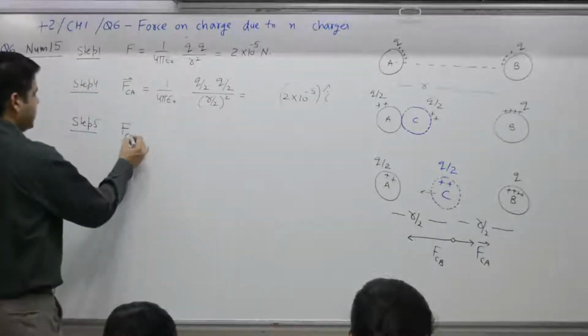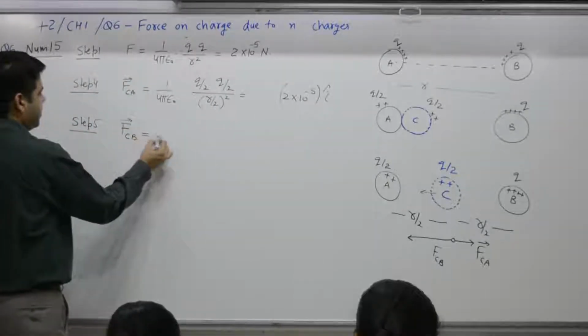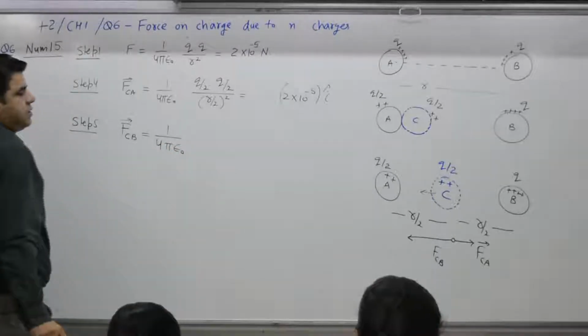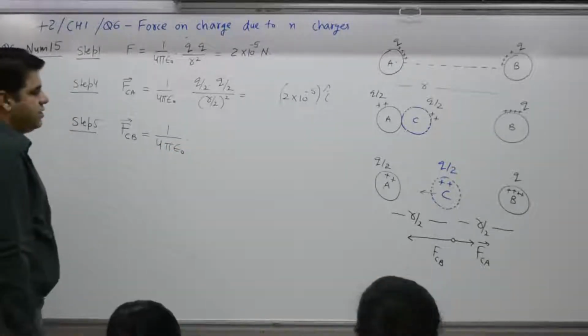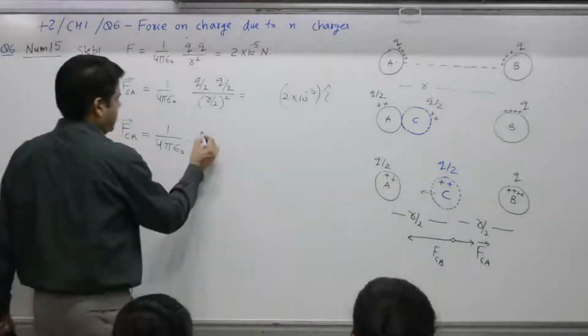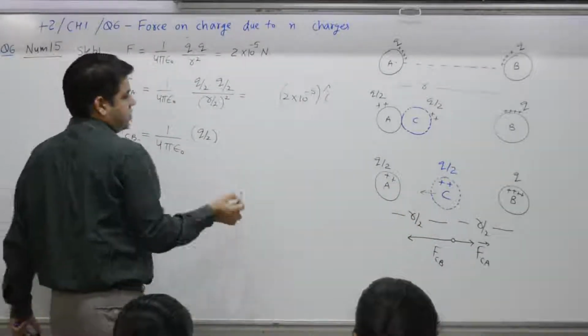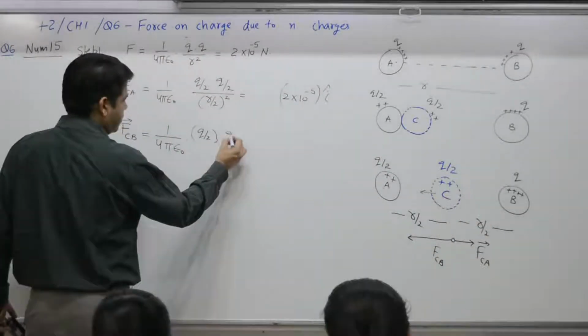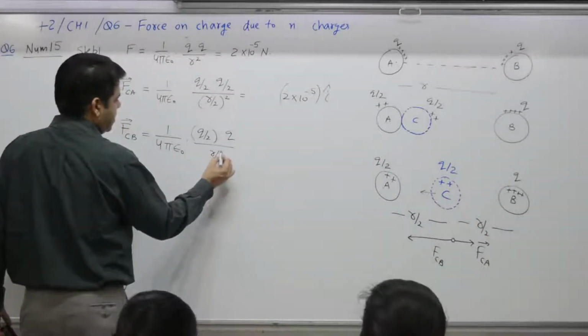Force on C due to B is what? 1 by 4 pi epsilon naught, charge on C is Q by 2, charge on B is Q, and the distance between the two is R by 2 squared.